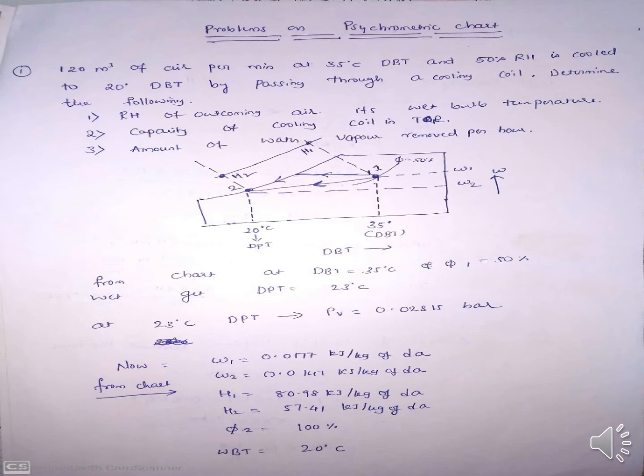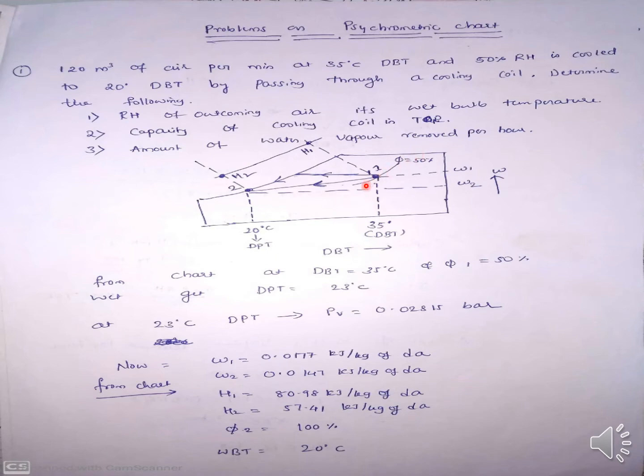Right. Next, this is the chart. You should know how to draw on the chart. Take the first point: what is given here is 35 degree DBT and 50% RH. I have already explained the chart. Curved lines are relative humidity.